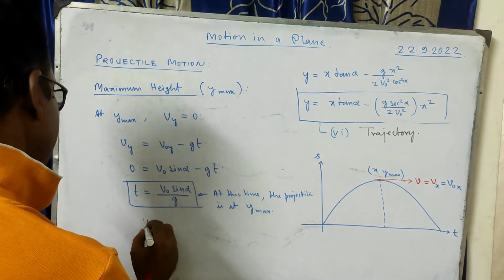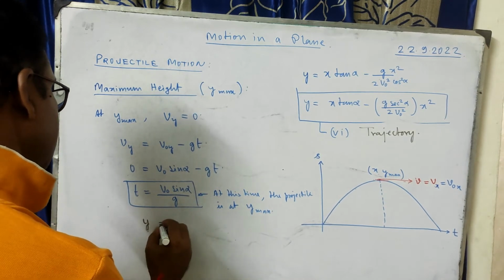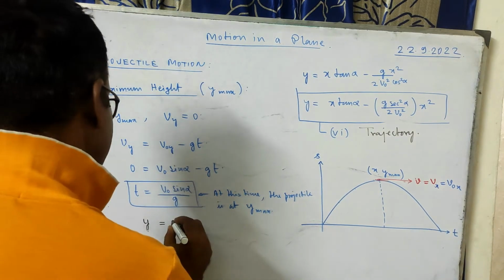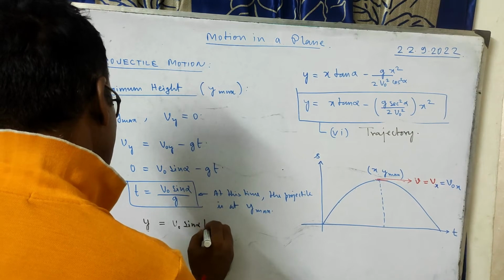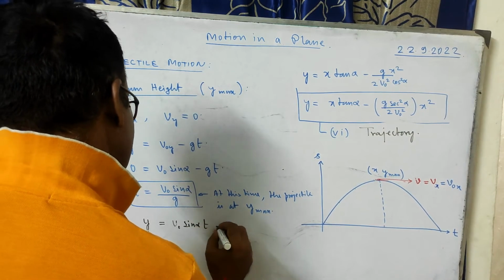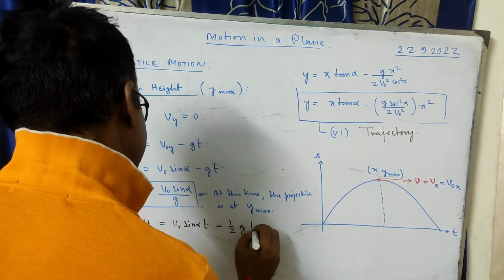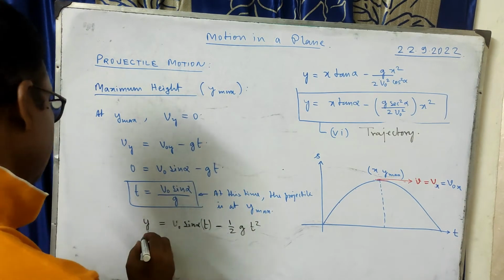Now y is equal to what? V0 sine alpha t plus half a t square, so it will be minus half of gt square, right? Now I know the t, substitute the t value, and you will get the y max.